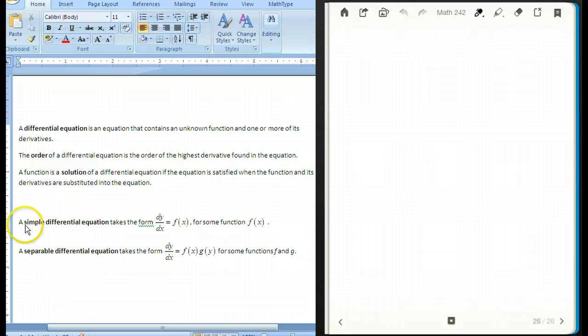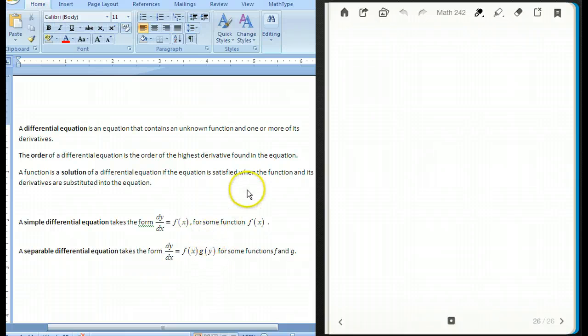The first is a simple differential equation, of the form dy/dx equals an expression of x. Alternatively, a separable differential equation is of the form dy/dx equals an expression of x times an expression of y. There might be mixing of the variables, but only in multiplication.